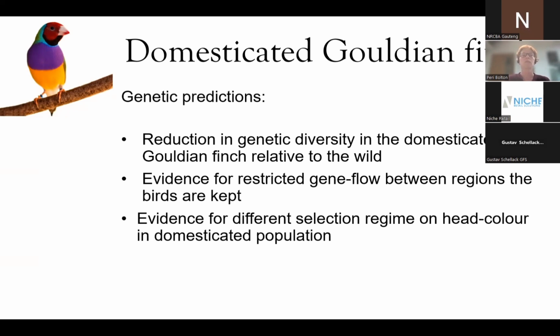We expect a reduction in genetic diversity, and also restriction in gene flow between regions. Particularly important is evidence for a different selection regime on head color in the domesticated population. That's one of the key points for this incompatibility.